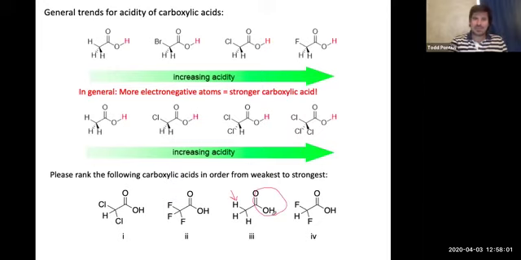So hydrogen's not really electronegative. Number 2, in terms of strength, has 2 chlorines. Okay, that's pretty electronegative, but more so would be 2 fluorines. But wait, what's more electronegative than just 2 fluorines? Having 3 fluorines. So that's the reason why we get that particular order. Very, very good job.